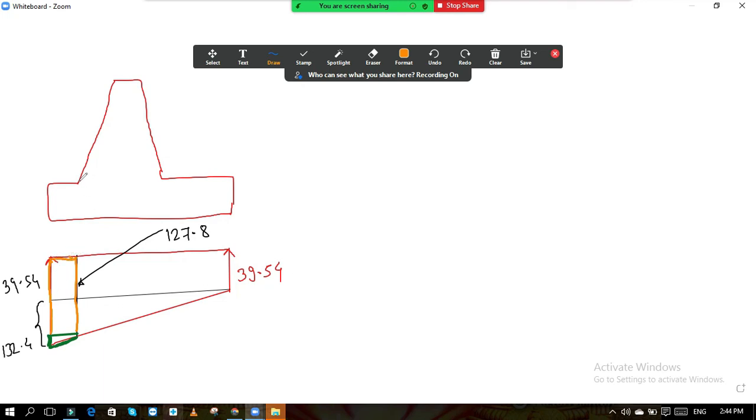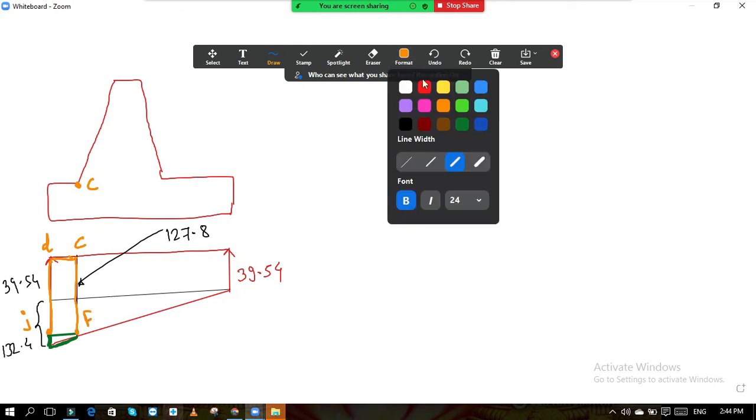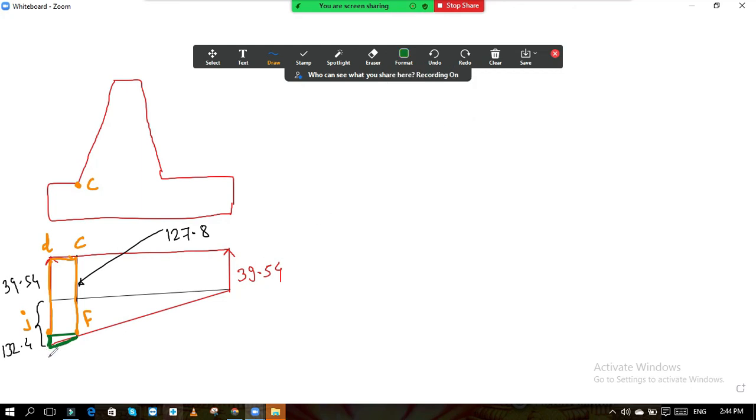And our point C is over here. This is our point C. So we will give some name to this. I will call this as C. This is D. Okay, this point I will call it as J. This point is F. Okay, and this green it is E.